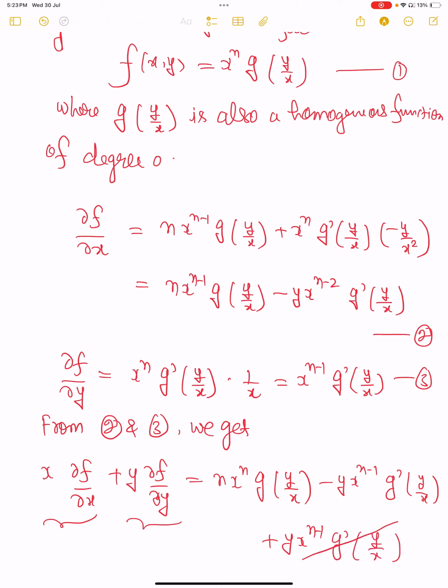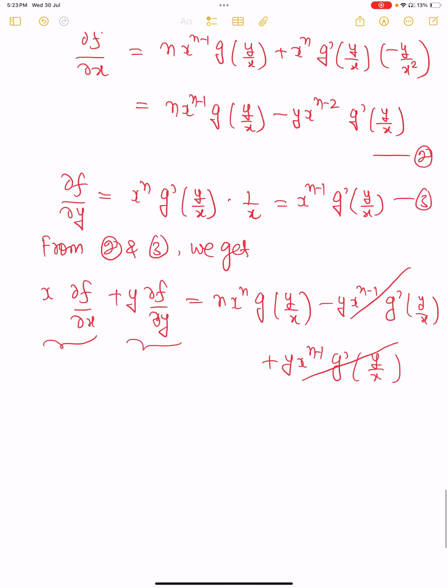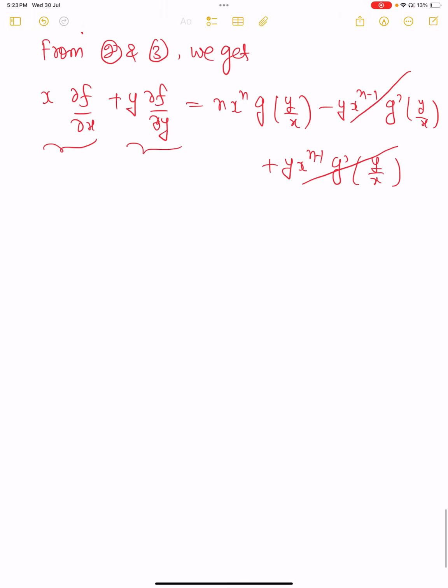So this factor cancels out. So we got x del f upon del x plus y del f upon del y is equal to n x to the power n g(y upon x).